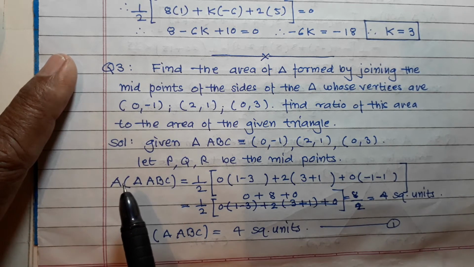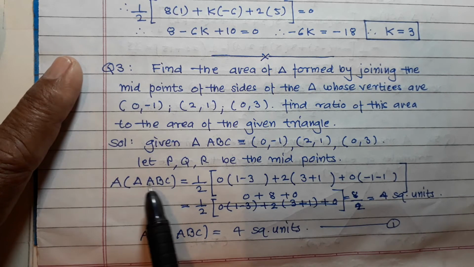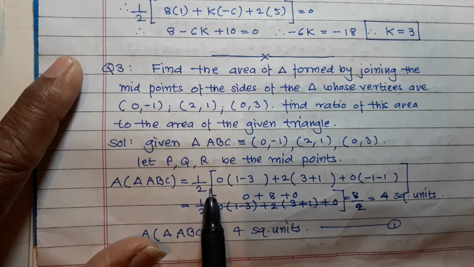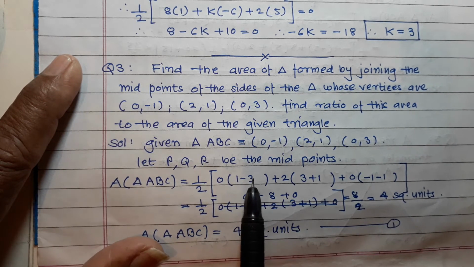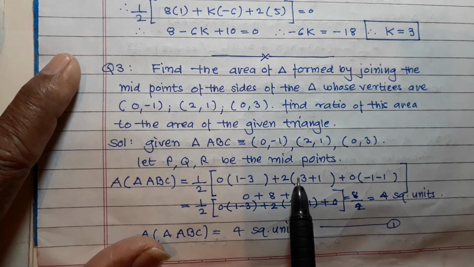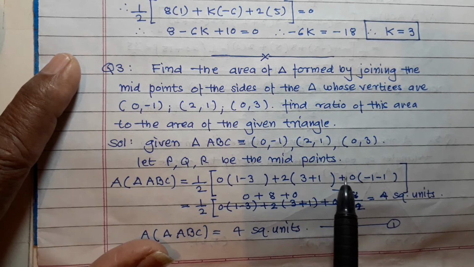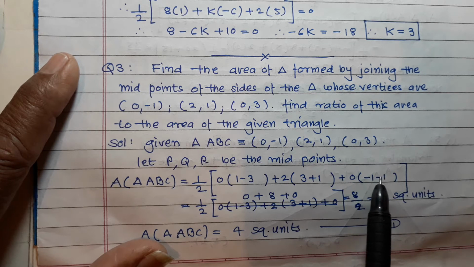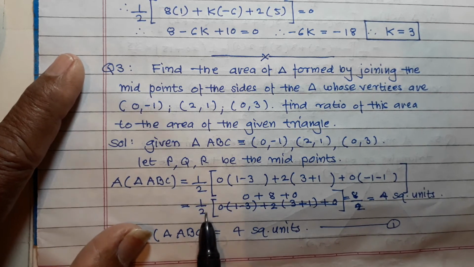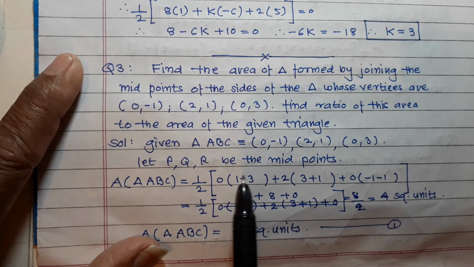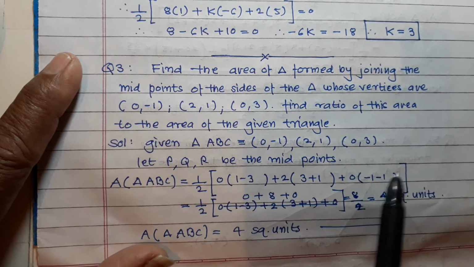Now, the area of triangle ABC is equal to 1 upon 2, 0 into 1 minus 3, plus 2 into 3 plus 1, plus 0 into minus 1 minus 1. So if you simplify this, you will get 1 upon 2. This is 0, this is also 0.